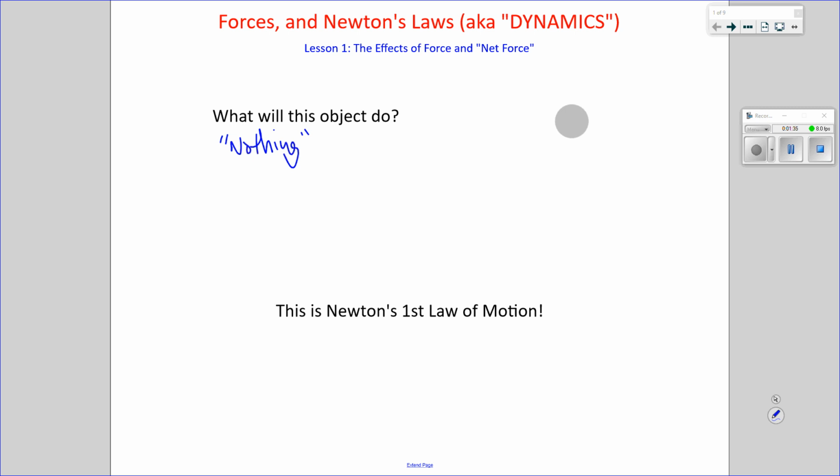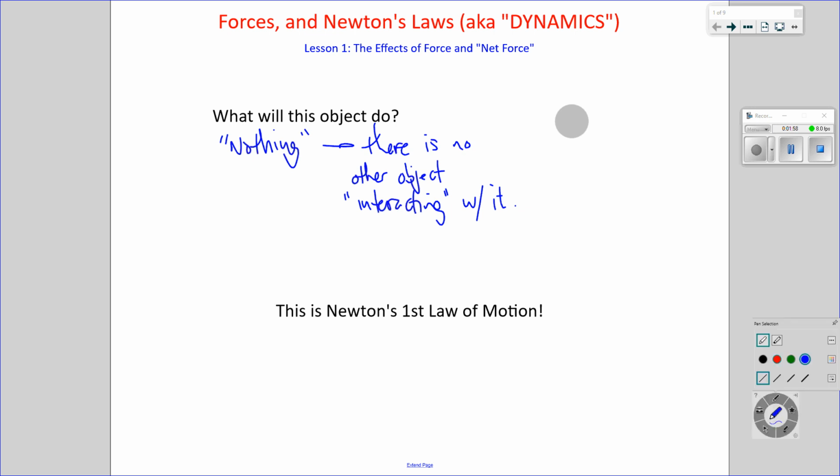The reason is that there is no other object interacting with it. And when we say interacting, we mean applying force to.